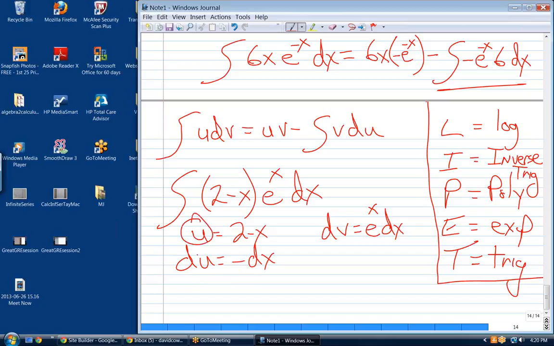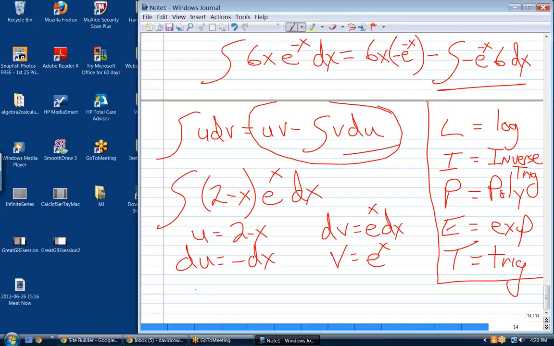Okay, so now we have our u, we have our du, and we have our dv. What's v? We need v. We get that by integrating the right side. The integral of e to the x is e to the x. Right. Okay, so now using what we know about u, v, and du, let's plug in.